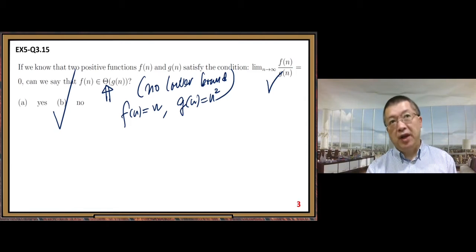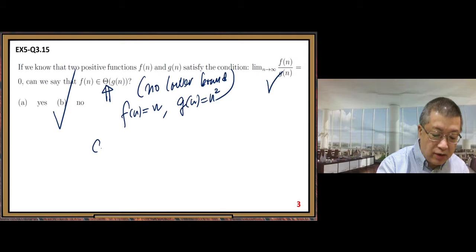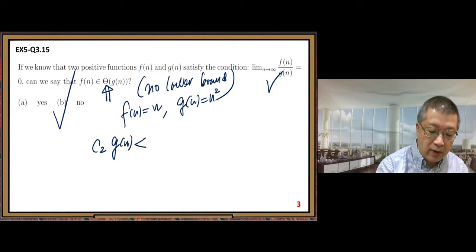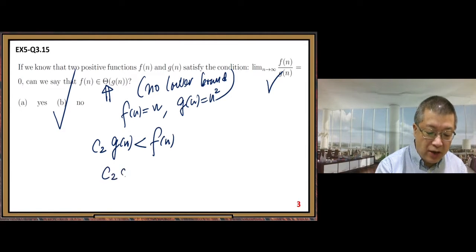Does there exist a constant c2 such that c2 n squared is less than n?